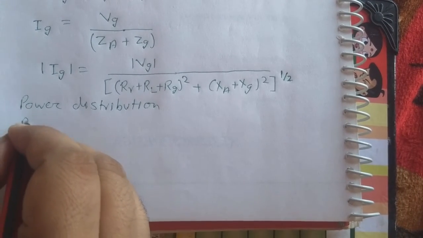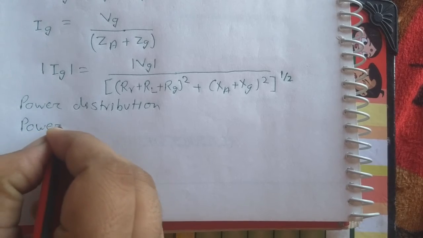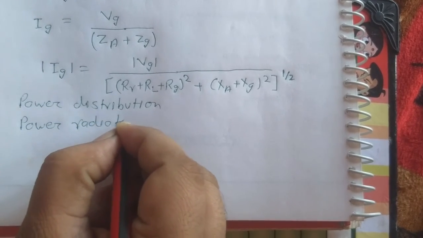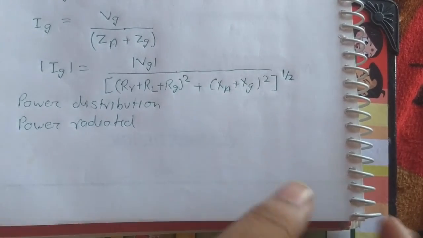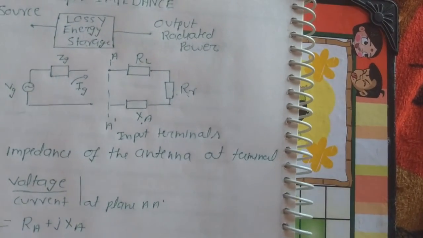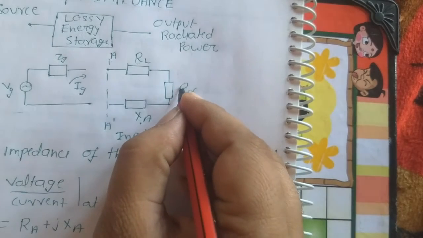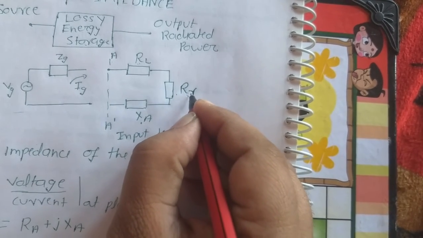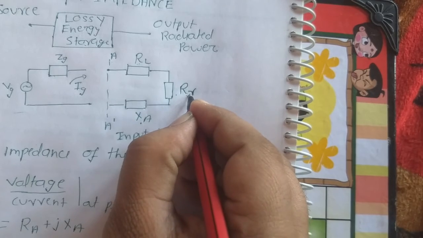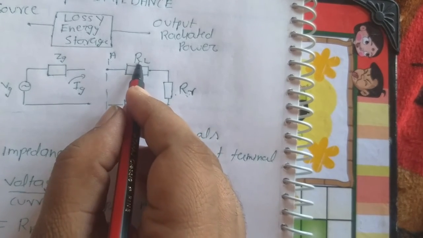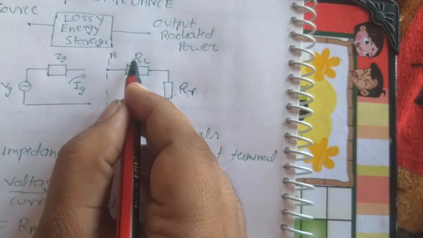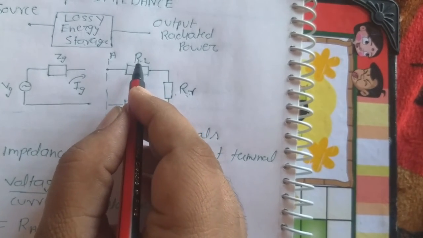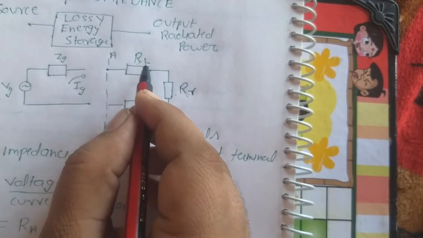So first, power radiated. So power radiated, जितना पावर RR रेडिएशन रेजिस्टेंस में लॉस हो रहा है, that is nothing but your power radiated by the antenna. And power loss in the antenna, जितना पावर RL में लॉस हो रहा है, that is nothing but the power loss in the antenna.